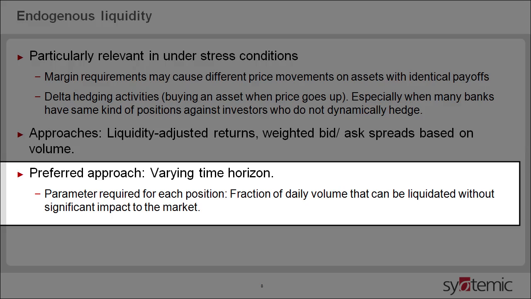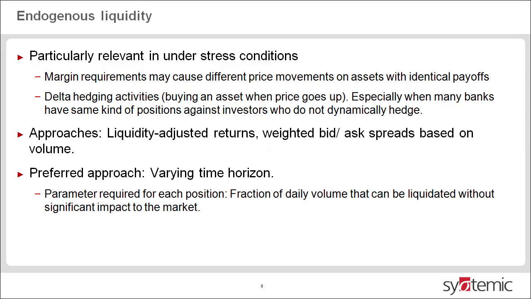So instead of, for example, using the typical 10-day VAR or any other horizon used, this needs to be adjusted depending on the instrument. So for each instrument, we hold a table of what kind of volume could be liquidated in the market without having a significant impact on its price.